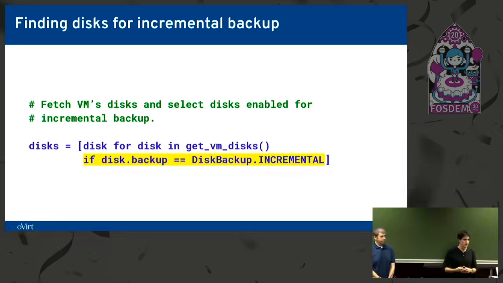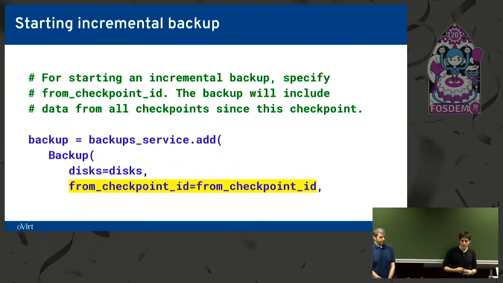So we filter the disks that support incremental backup that we want to back up, and we can start a new backup, but now it will be an incremental backup. So we provide the disks that we filtered before, and we provide the from checkpoint ID that we fetched from the full backup that we did earlier. And the same goes on again.